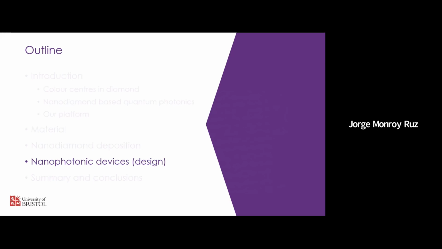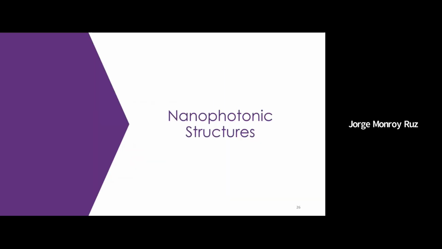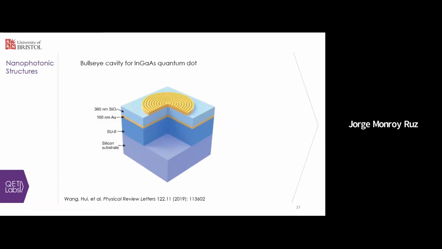position. So we don't want to jump directly into a super high Q cavity. However, we found this recent trend of doing these bullseye cavities. This is an image from a paper last year from Jian-Wei Pan's group, where they are doing these cavities in indium gallium arsenide quantum dots.